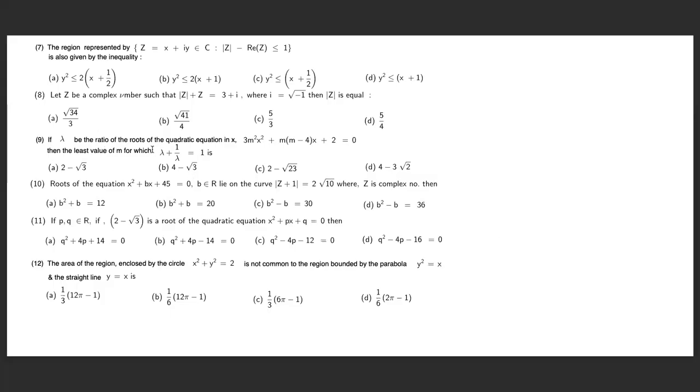Now let us look at the next problem. We are given lambda, which is the ratio of the roots of a quadratic equation, which is given here. So what will be the least value? Let us find the solution for this.